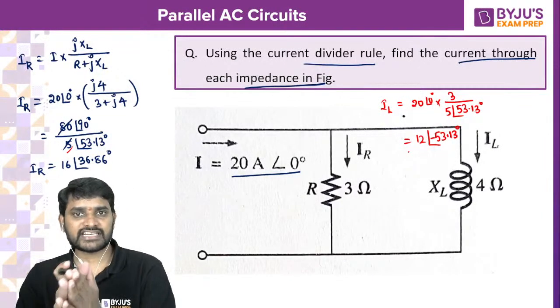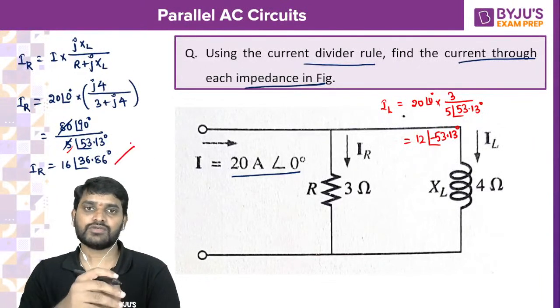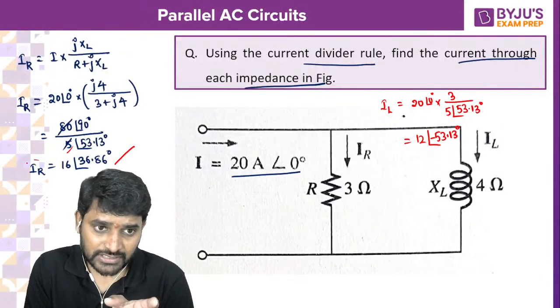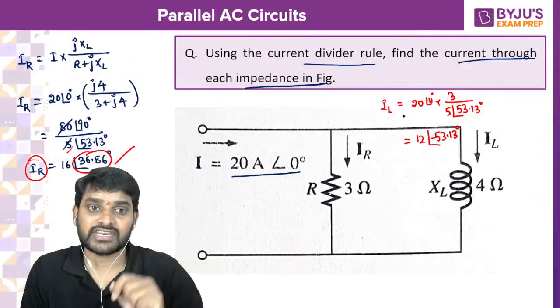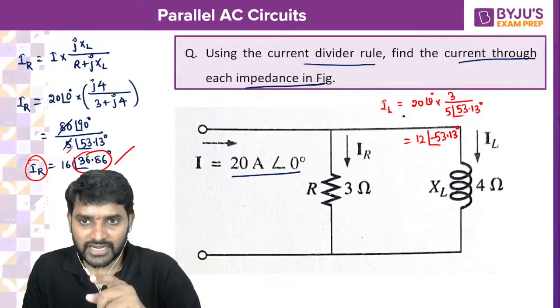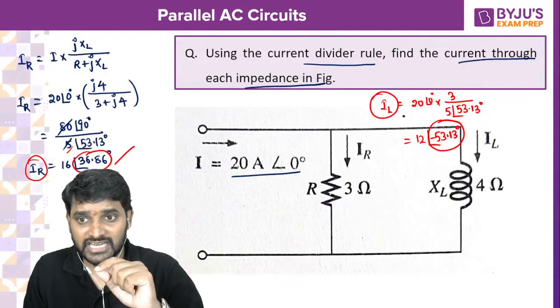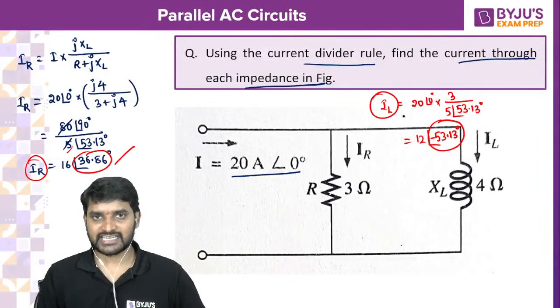So this is how the inductive current and the resistive current exist. The resistive current is going to lead the source current by 36.86 degrees. The inductive current, the current flowing through the inductive branch, is going to lag the source current by 53.13. Taking the source current as reference, let me show you.